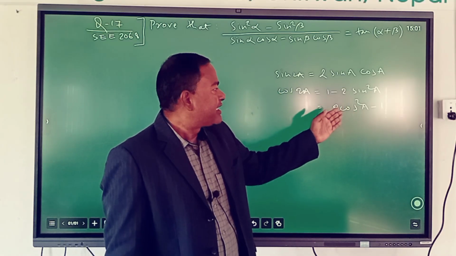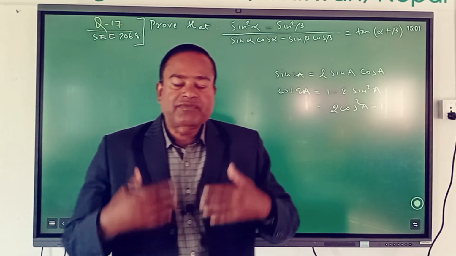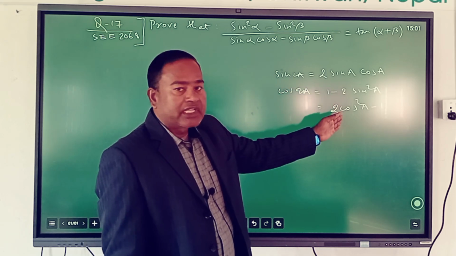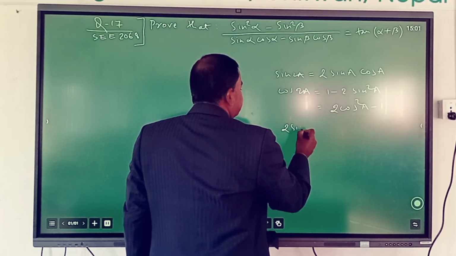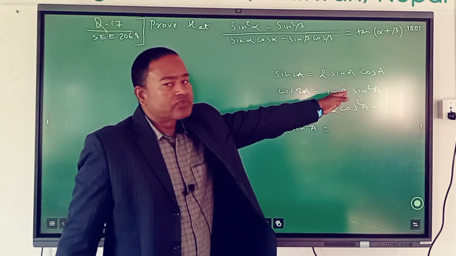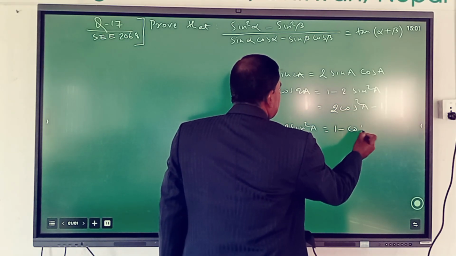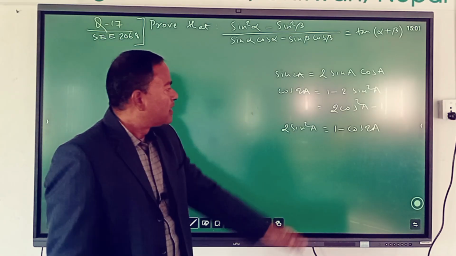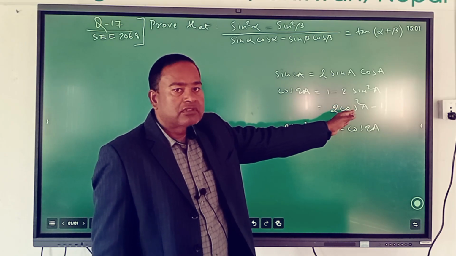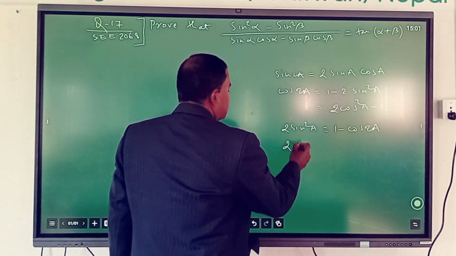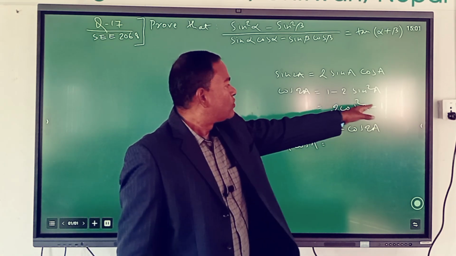From this formula we can derive the formulas of 2 sin²A and 2 cos²A. The value of 2 sin²A will be equal to 1 − cos 2A, and again the formula of 2 cos²A will be equal to 1 + cos 2A.